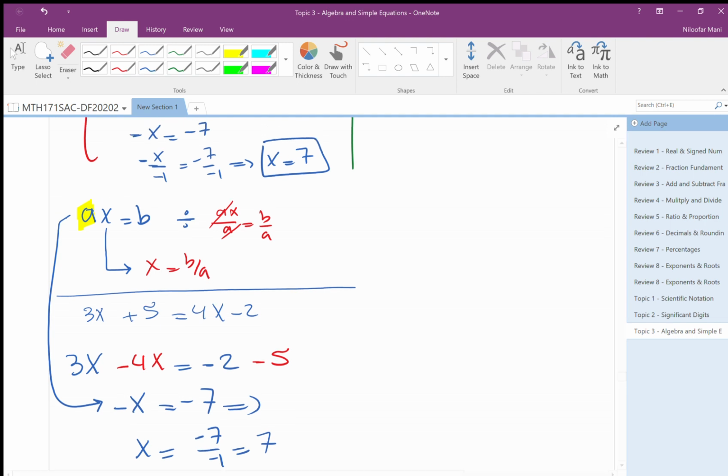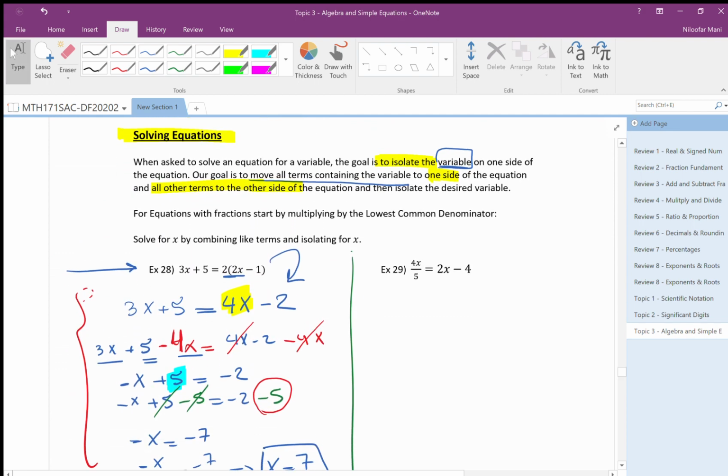Okay, so I repeat. Solving an equation means you have an equation, you see an equal sign, you see two math expressions, and you want to solve for one variable. Solve for one variable means isolate. So you have to see that variable alone, and the other side either a number or other variables.